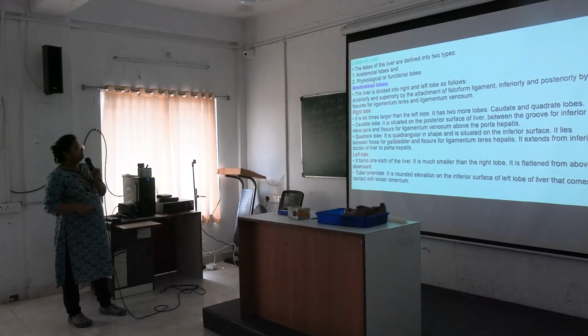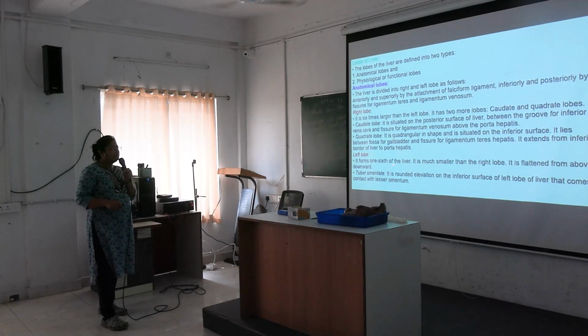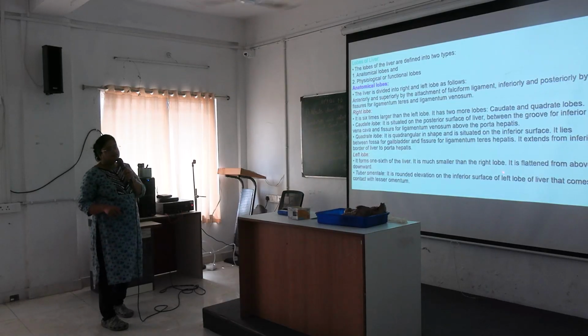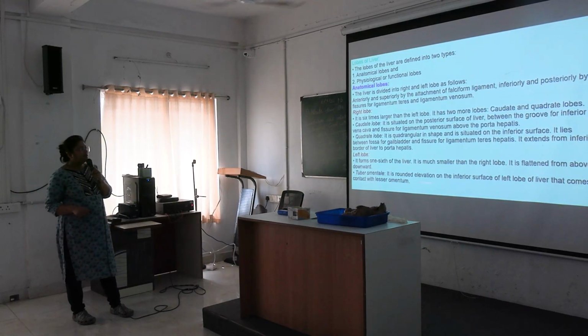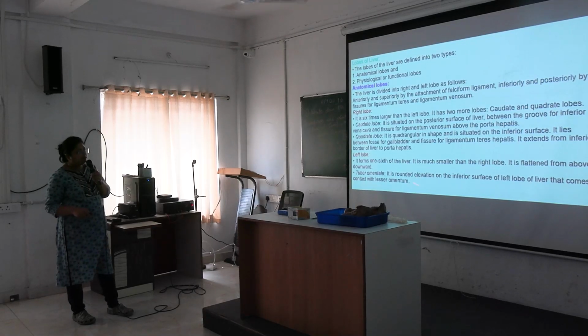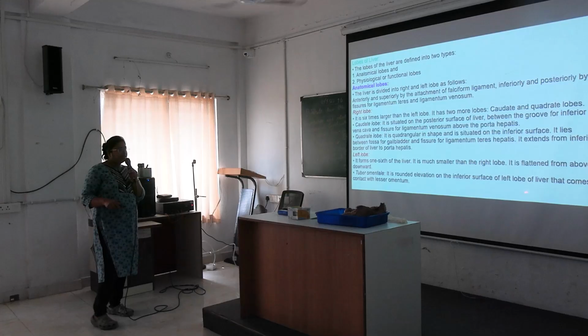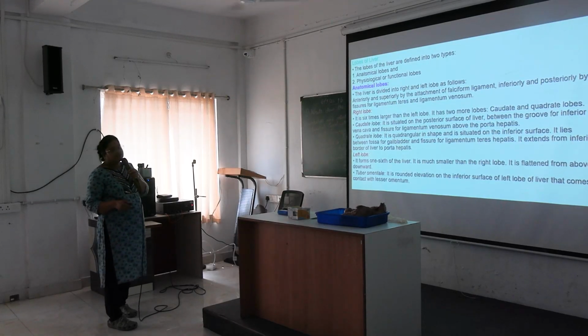Next is the left lobe. It forms 1/6 of the liver and is much smaller than the right lobe. It is flattened from above downward. And the tuber omentale is a rounded elevation on the inferior surface of the left lobe of the liver that comes in contact with the lesser omentum.